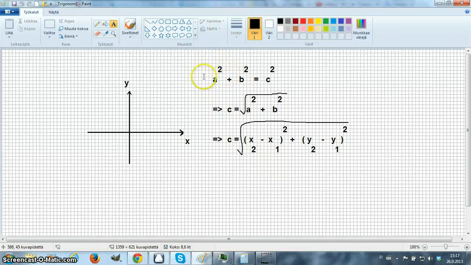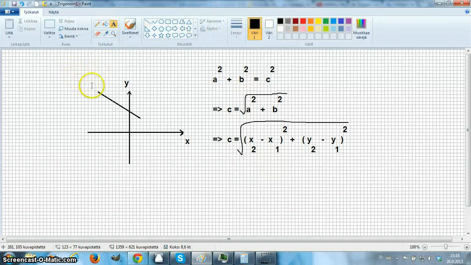Now here's the Pythagoras theorem, and I explain how we made this up and draw it. So we make a line, let's make it over here, and then we make 2 points, this one and this one.